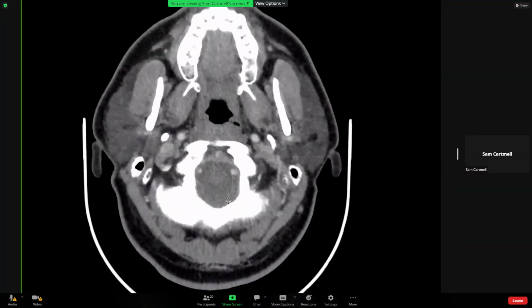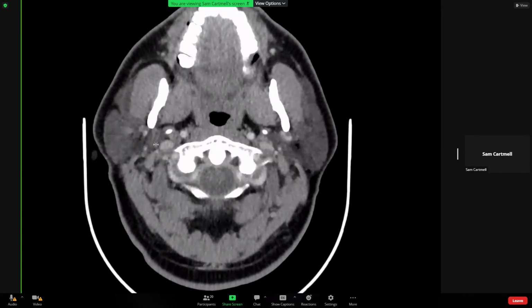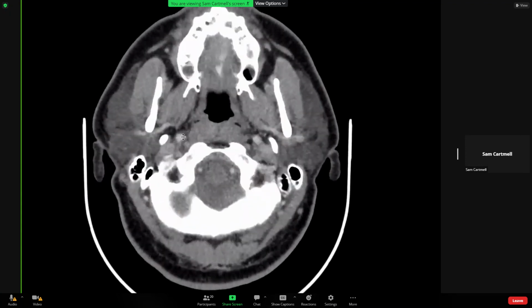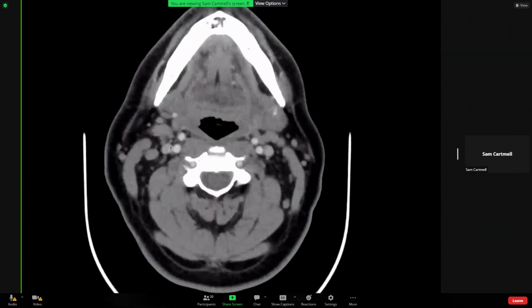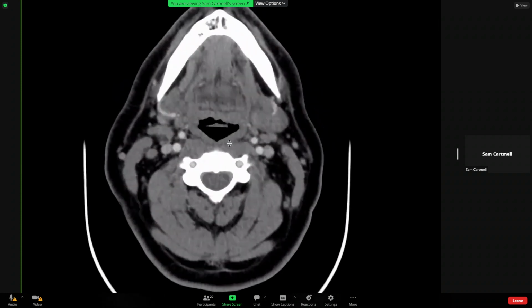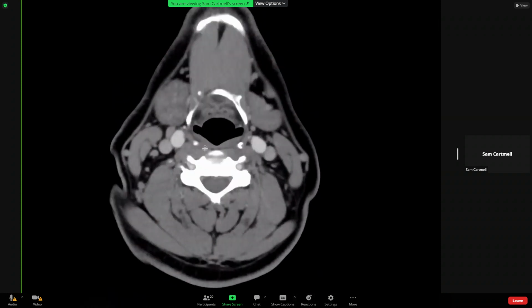Some other spaces that we talked about: this fat here involves sort of the deep lobe of the parotid and the fat lateral to the pharyngeal mucosal wall. This is going to be the parapharyngeal space. And then some of the other spaces we talked about. So this is the retropharyngeal space right here.